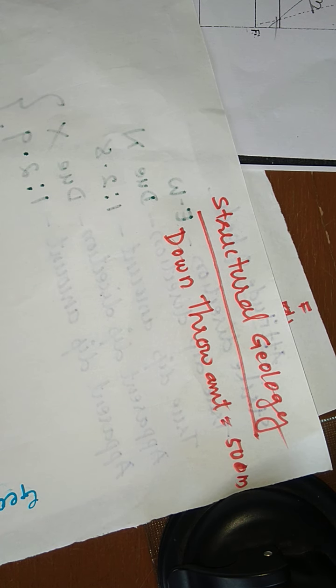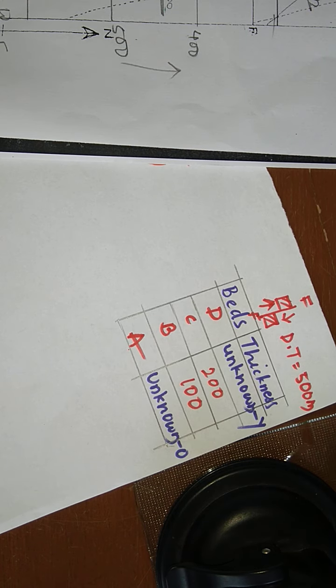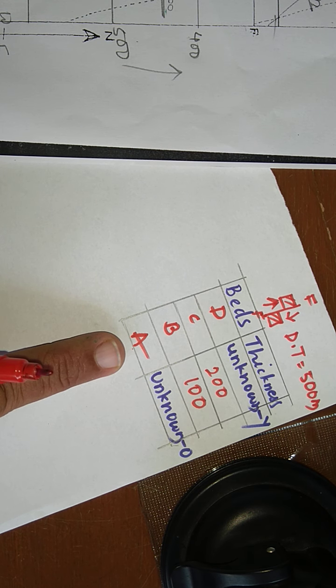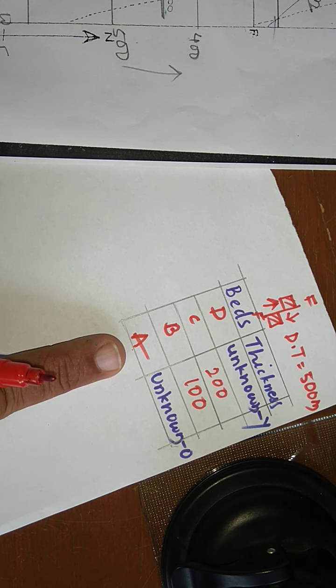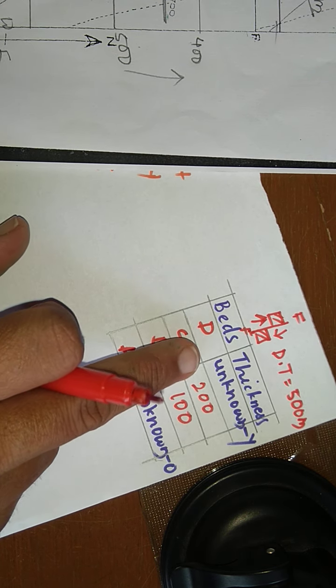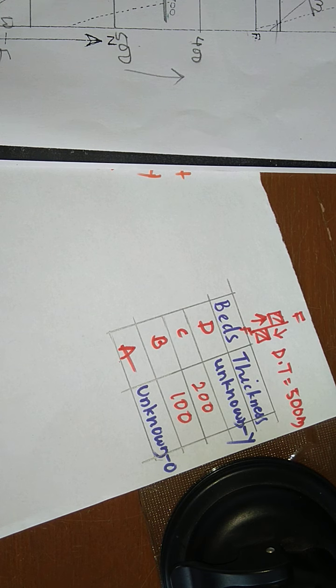Then next is geological history. During sedimentation, the bed A was deposited first by various geological agencies. Then above it the beds B, C and D were deposited one above the other successively.